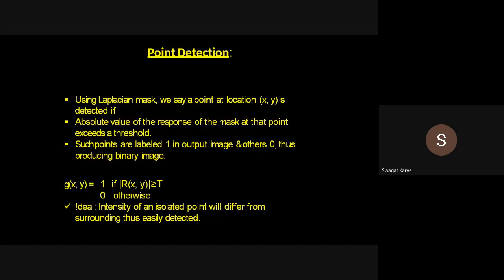Suppose in a single image you want to separate two or three objects, you will get those objects separated from that image. Or you can divide a single image into two different regions. That is image segmentation. You can subdivide that image into different regions. This is the first objective of image segmentation.